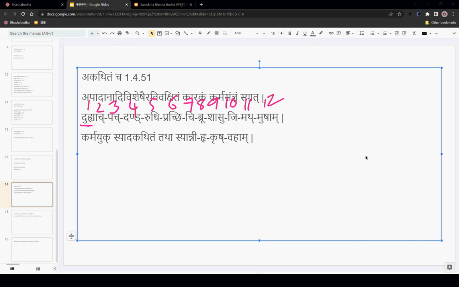Chinoti is in the Swadi Gana, number 5. So different 10 ganas are there, and each one falls in a different gana. Like Rudha falls in the Rudhadi Gana, which is sequence number 8 out of 10.